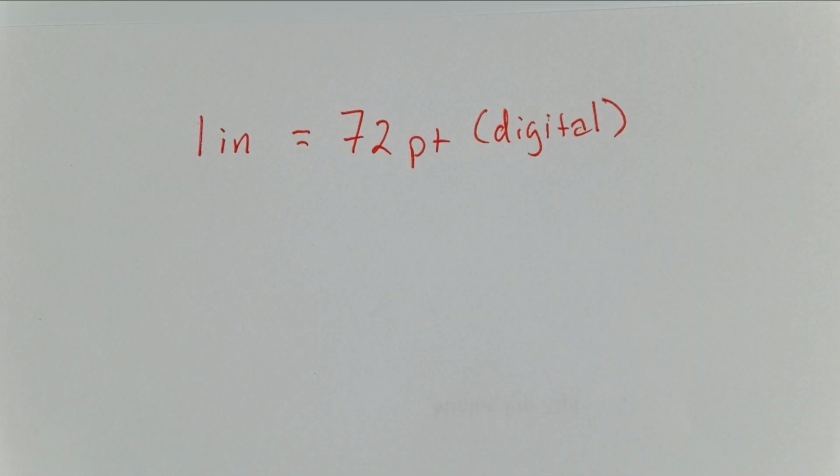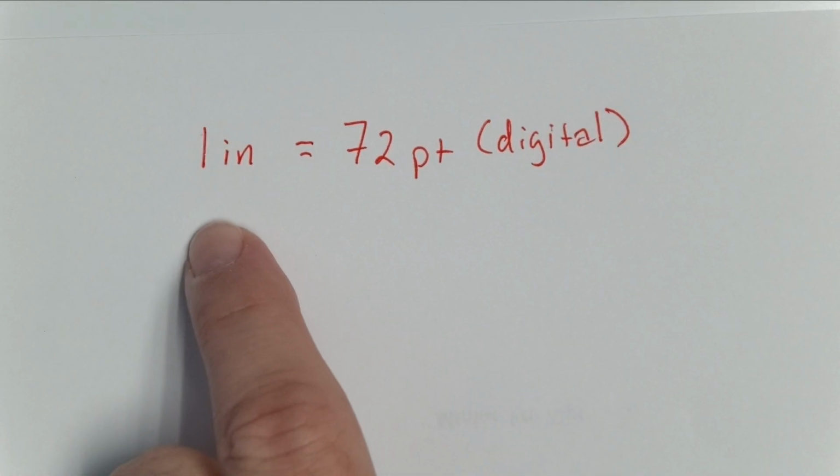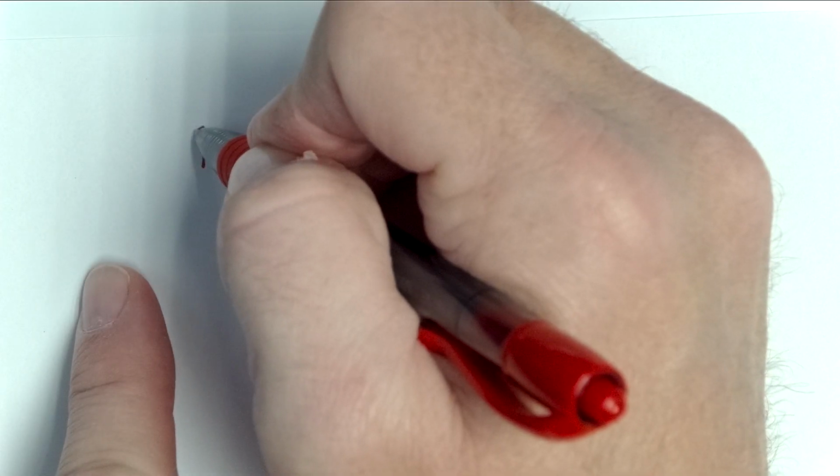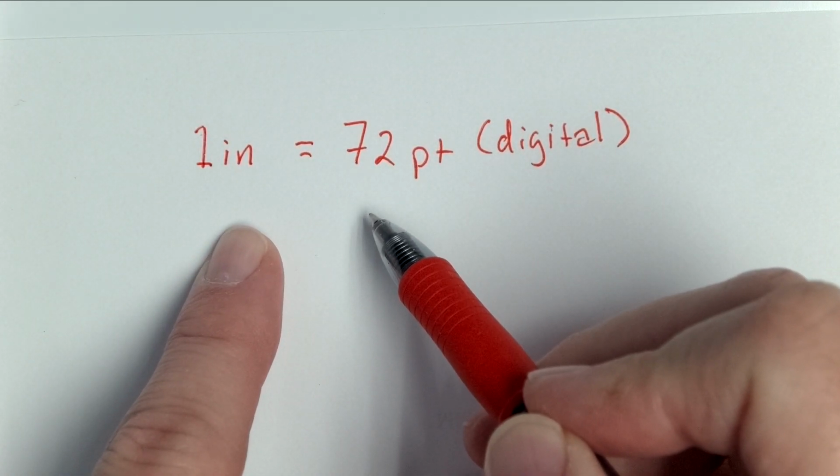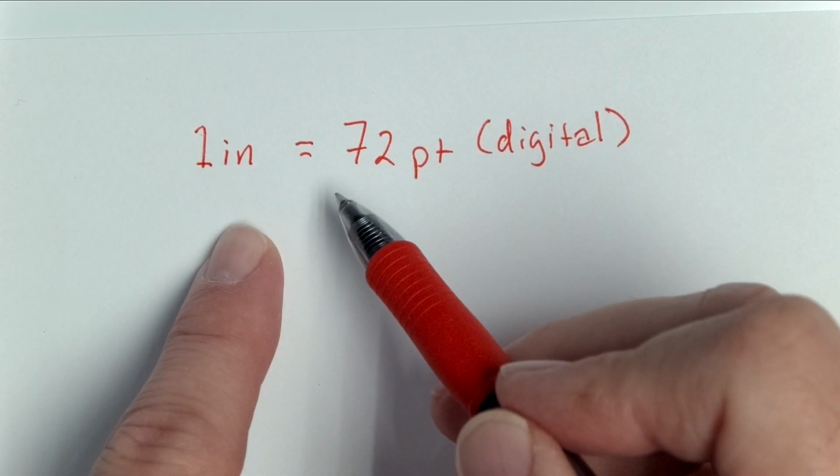Why? Because that lead type is not going to be exactly the same as these digital points. Is everyone okay with that? It's not a big deal these days because most people do not do old school movable lead type. But you do need to understand that 1 inch is 72 points. That's how we measure this.